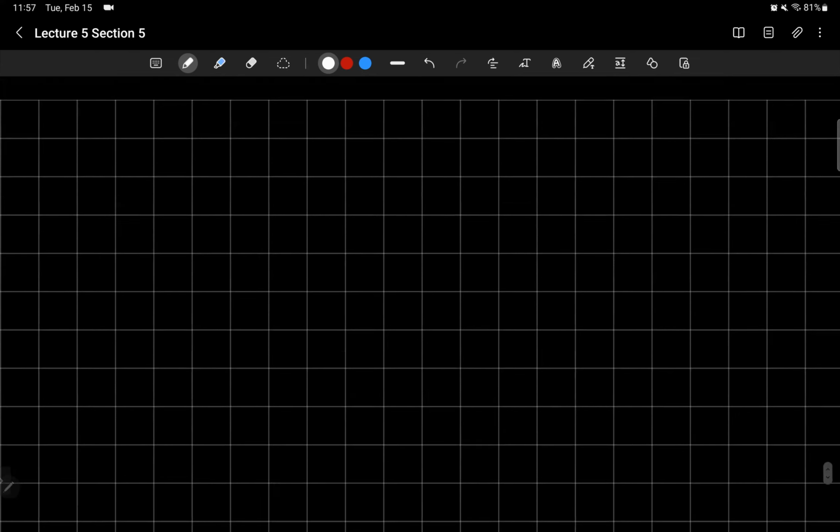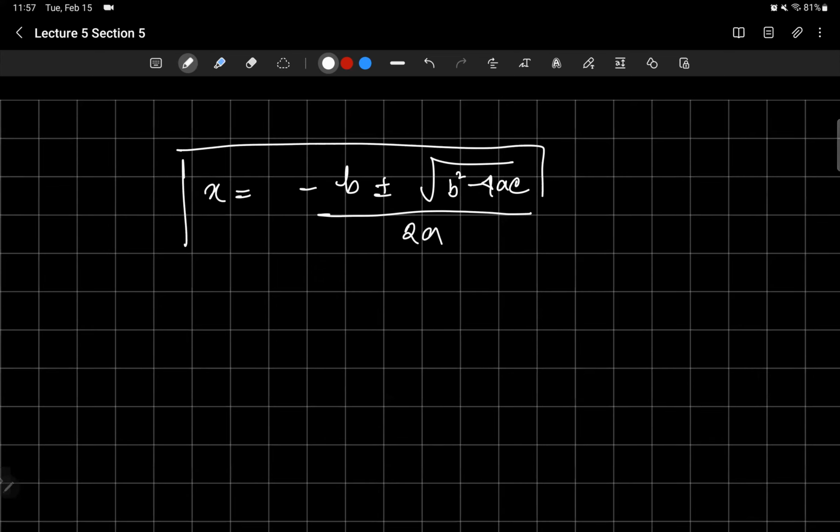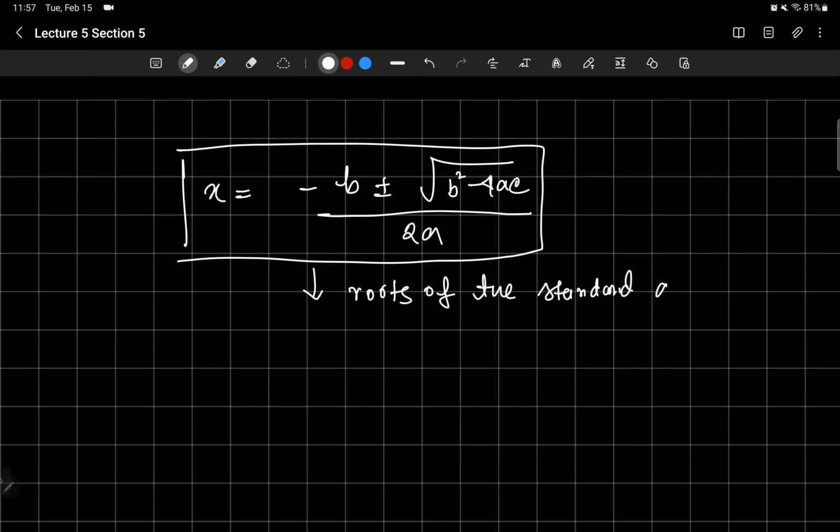So if I write this in a more clean manner, x equals minus b plus minus square root of b square minus 4ac divided by 2a, of the standard quadratic equation that is given by ax squared plus bx plus c equals to 0.